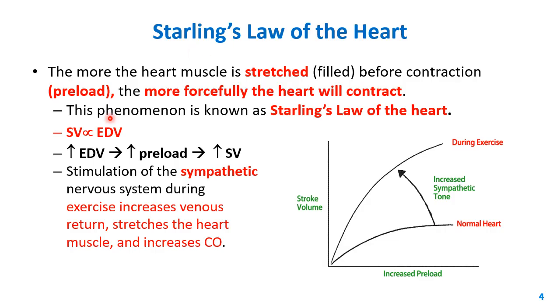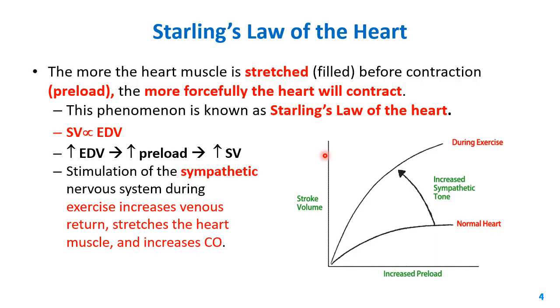It's actually the Frank-Starling law, but we just call it, for short, the Starling law. That means the stroke volume that comes out of the heart is going to be proportional to your filling status. So end diastolic volume: more volume that comes in, more volume that goes out. That means more force you have to put on that heart to push that more volume out.